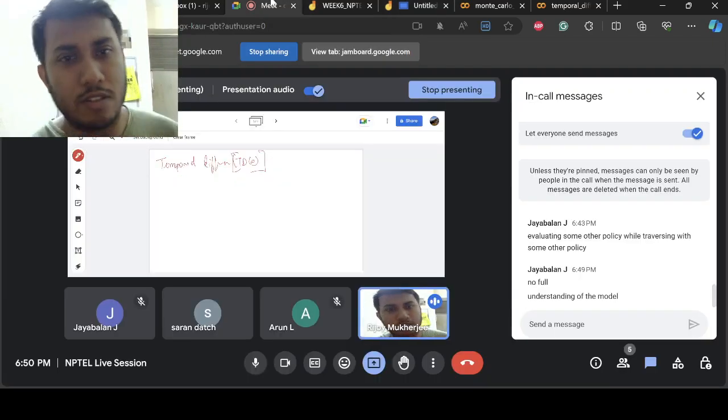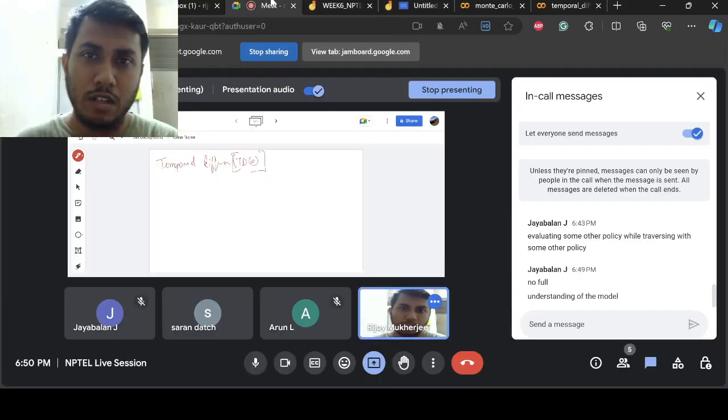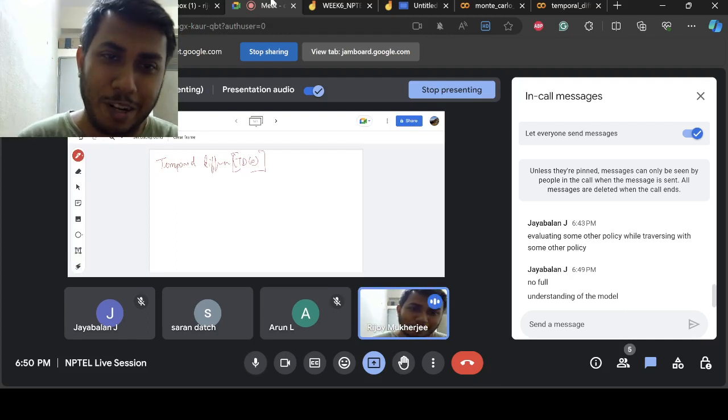This case is quite similar to your DP as well as quite similar to your Monte Carlo.